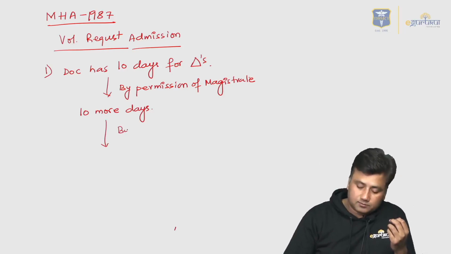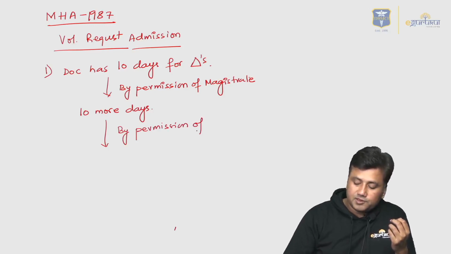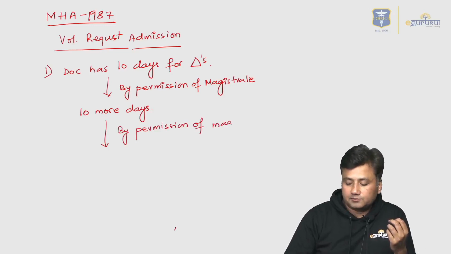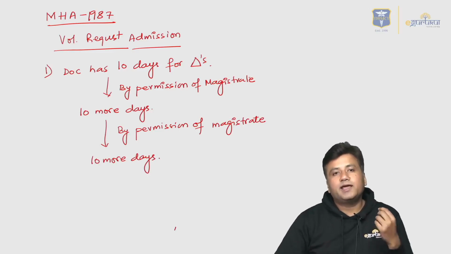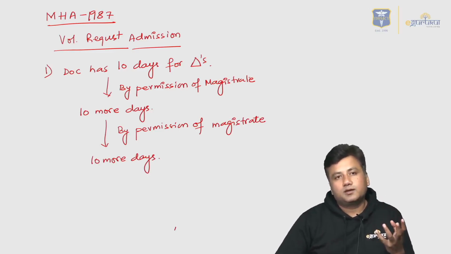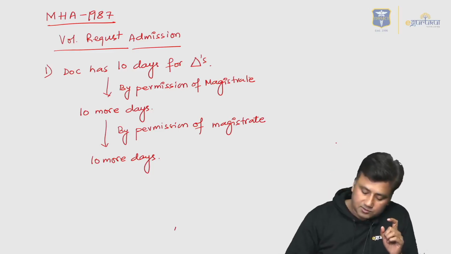Again, by the permission of the magistrate, a doctor may get 10 more days for his diagnosis. So, in this way, a doctor may get a total of 30 days to make his diagnosis.